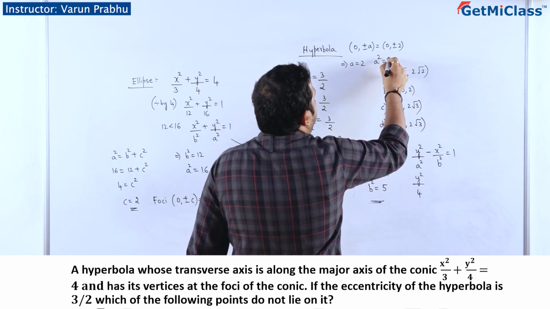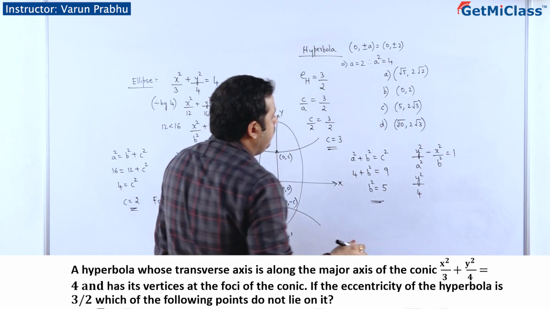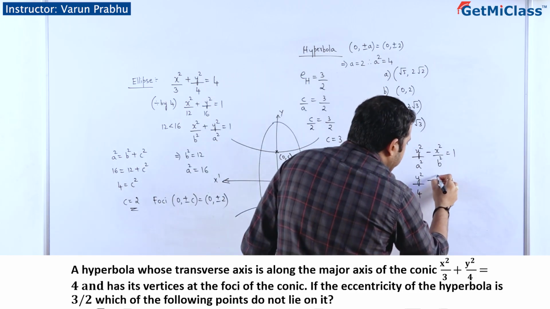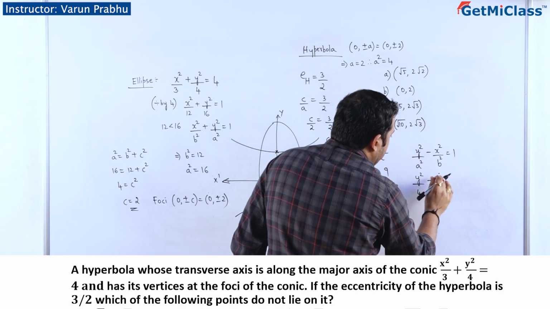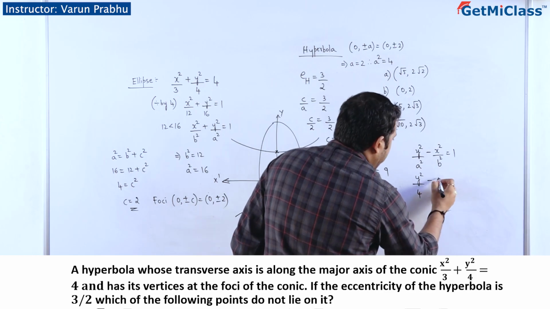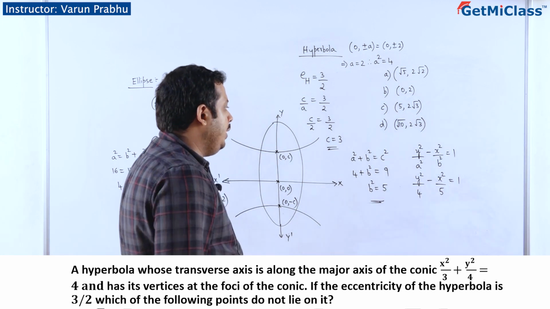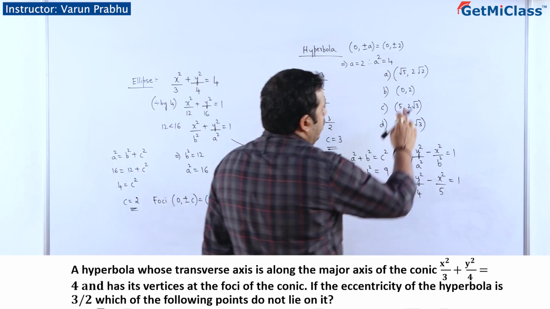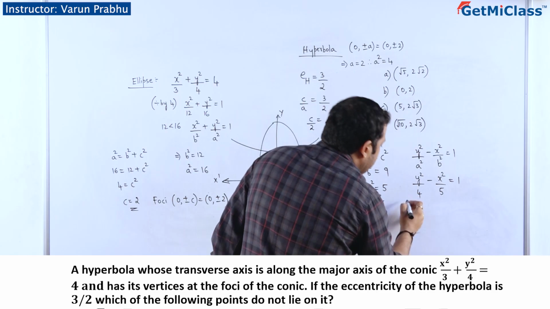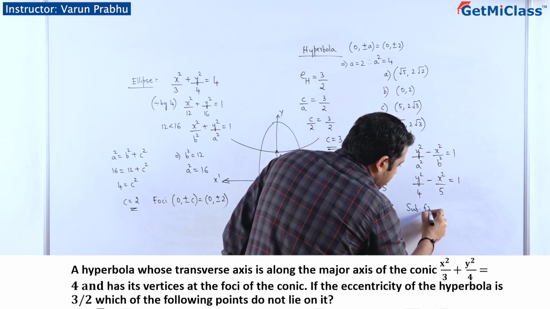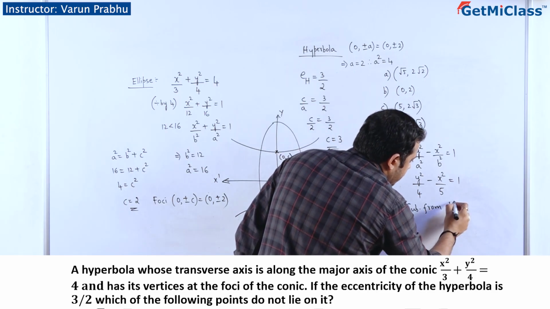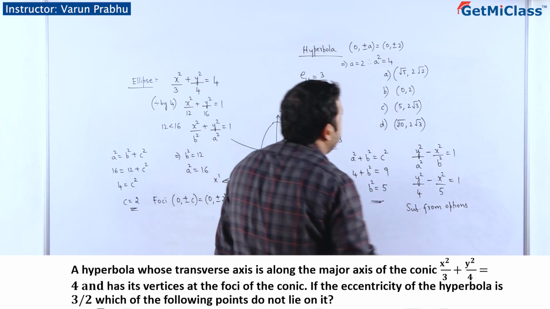So, a square value will be equal to 4, and minus x square divided by 5 is equal to 1. Now, you see which of the following points will not lie on the hyperbola. So, substitute from the options and cross check.